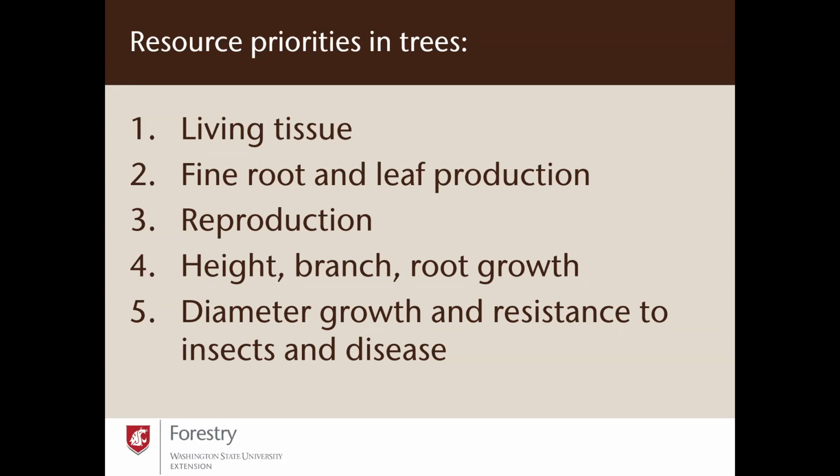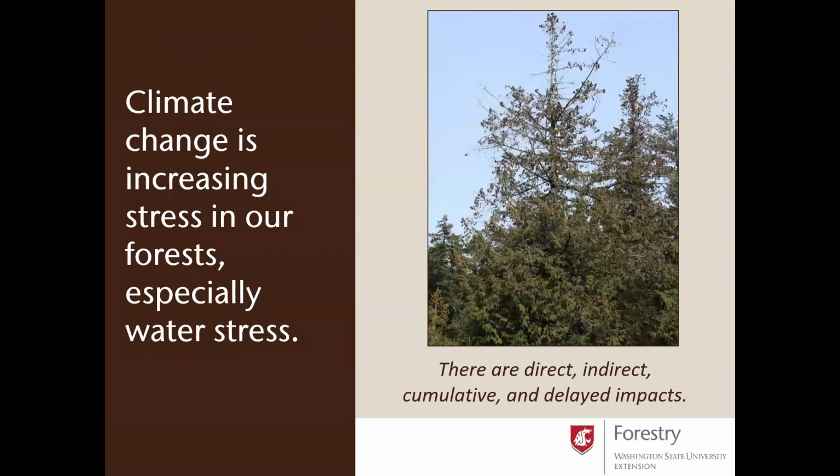But diameter growth, it's just like us. When we take in more resources than we need, we grow in diameter, right? Well, trees are the same way. And at the same time, losing that resistance to insects and diseases. So stressed trees are now highly vulnerable to pests and pathogens that may otherwise not have been an issue.